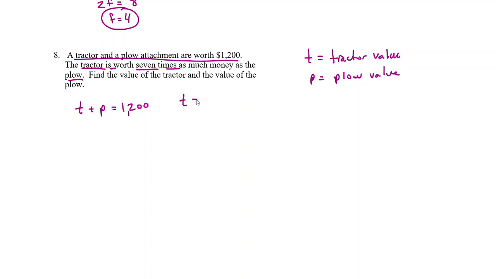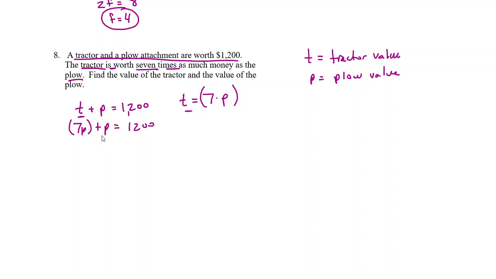So T equals 7 times P. So now that I know T is 7 times P, I can replace all my T's with 7 times P. So 7P plus P equals 1,200.